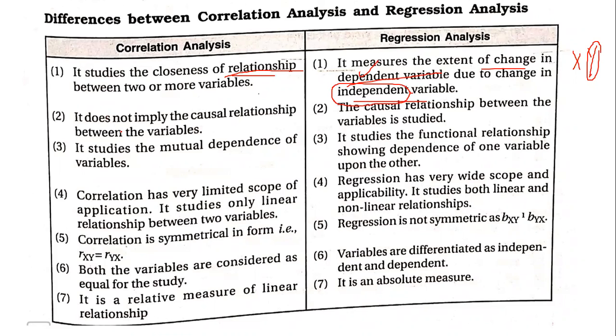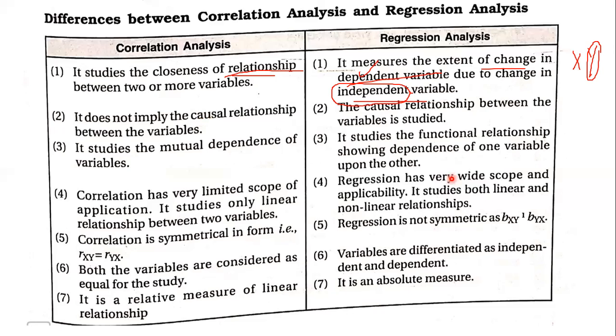Correlation does not imply a causal relation between the variables. It is not like the normal relationship we think of, such as between a sunny day and rain. Sometimes we think, it is too sunny today, it might rain.